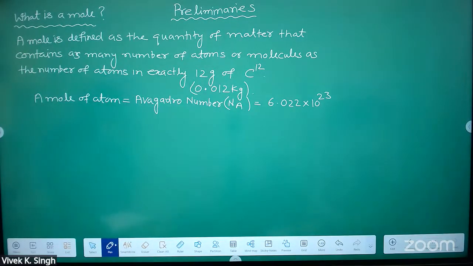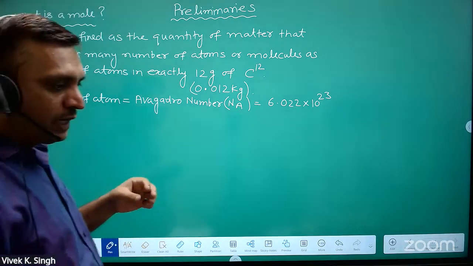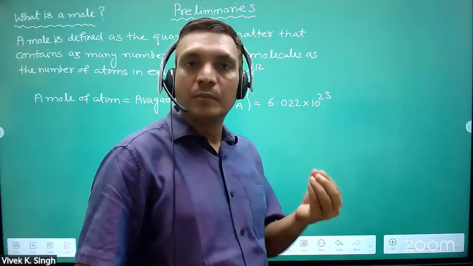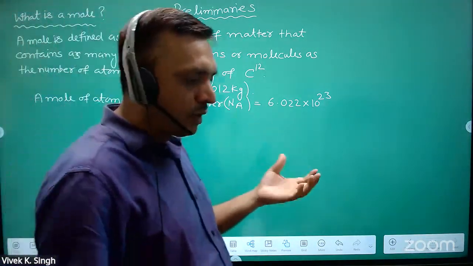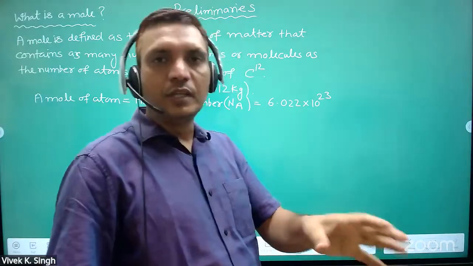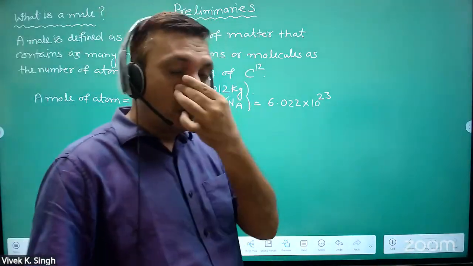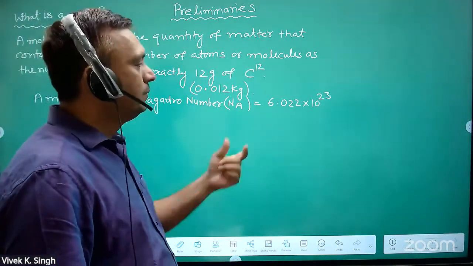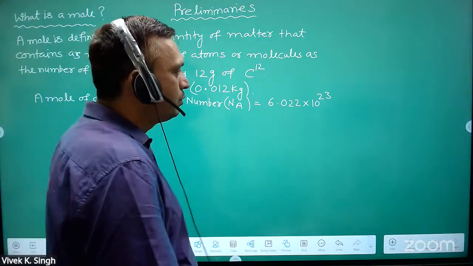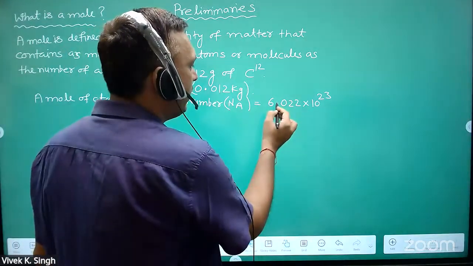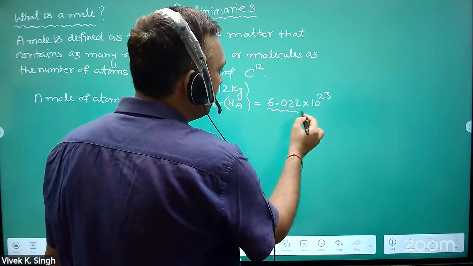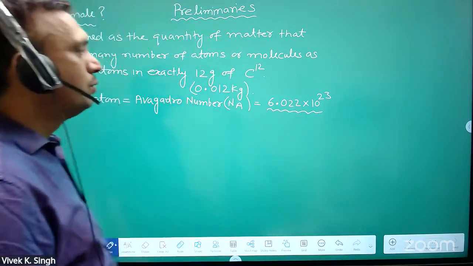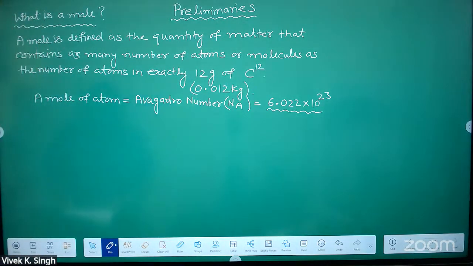Yes, sir. So whether you have 1 mole of water, 1 mole of carbon, 1 mole of sodium chloride, or 1 mole of benzene, all contain the same number, and that is 6.022 × 10^23. So even 1 mole is a very large number.